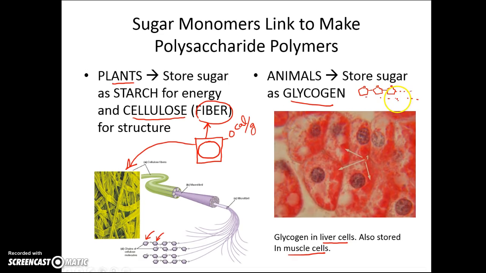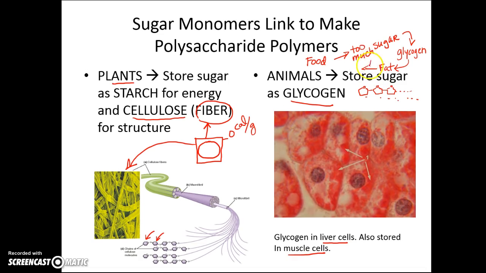So if we eat an excess of sugar, if our food has too much sugar, that's going to get converted first into glycogen, then into fat. If we don't use up this glycogen, we are going to convert it to fat.